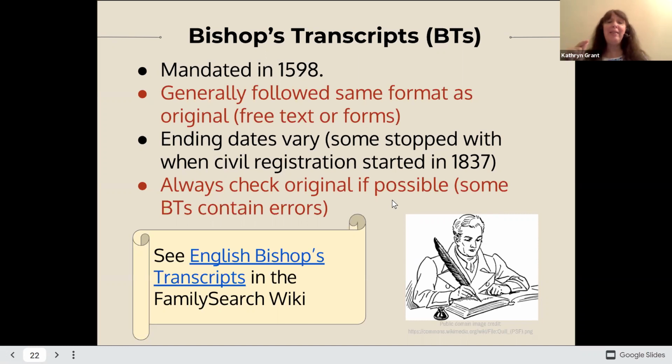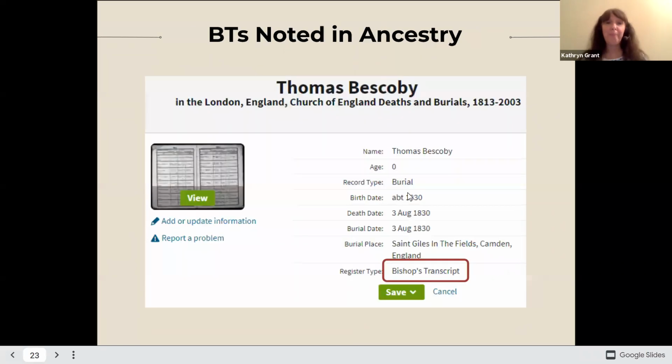And the date that the transcriber had said was his burial date was actually his christening date. And it turned out that he didn't die at that date. That's when he was christened, and he went on to grow up and get married. And once I found that original record, it just broke through a brick wall for me. So BTs are great, but do check the originals if at all possible.